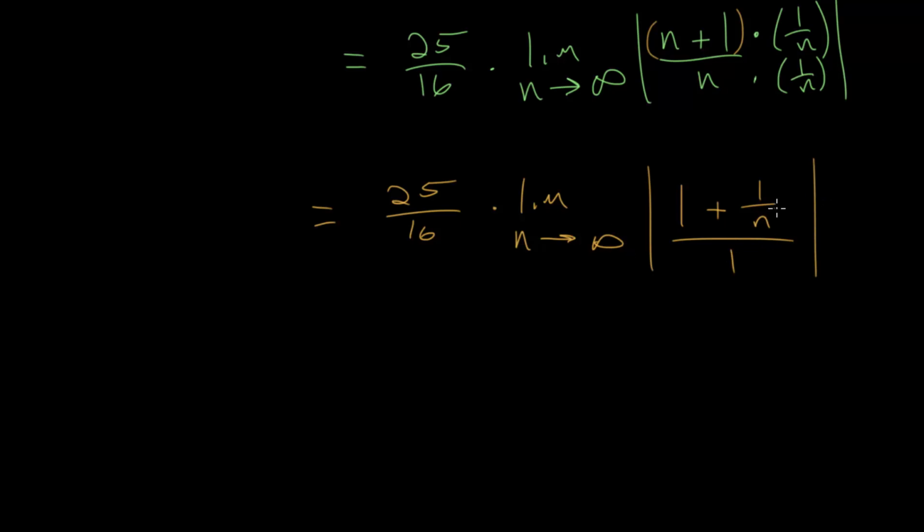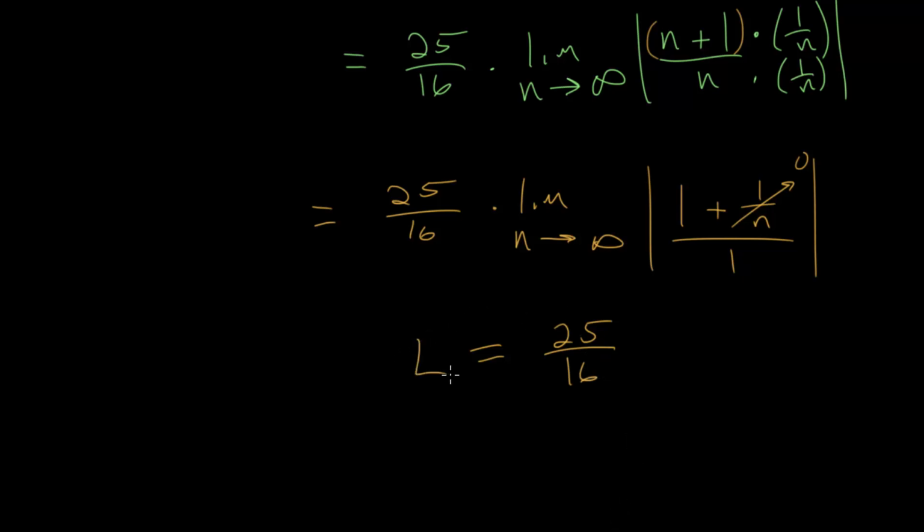And now we let n go towards infinity, and for this expression here, the denominator just gets bigger and bigger while the numerator is fixed at 1. So this right here will approach 0. And you can see we just get 1/1. So that our limit is simply 25/16.